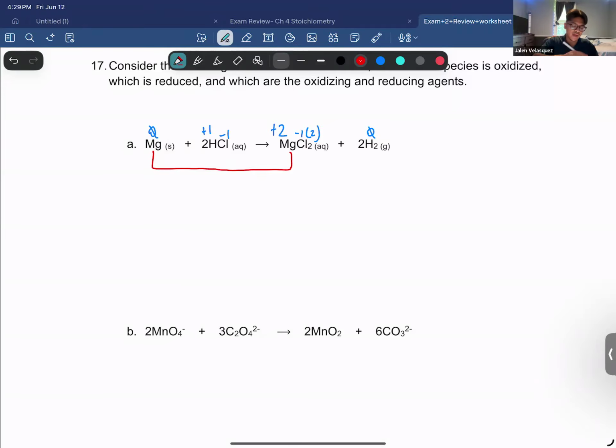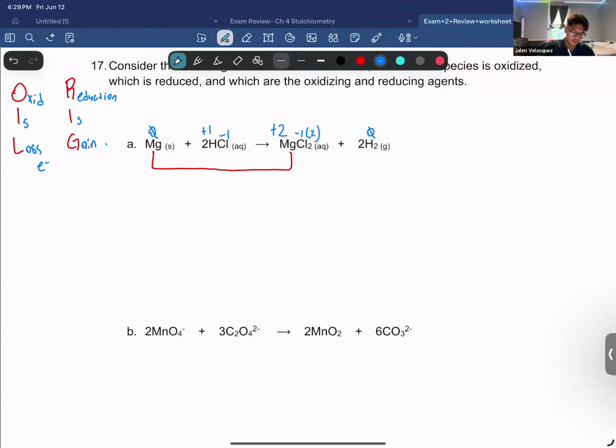Remember, I should have started with this actually, but you might remember from the lecture video this acronym, OIL RIG. Oxidation is the loss of electrons. Reduction is the gain of electrons.